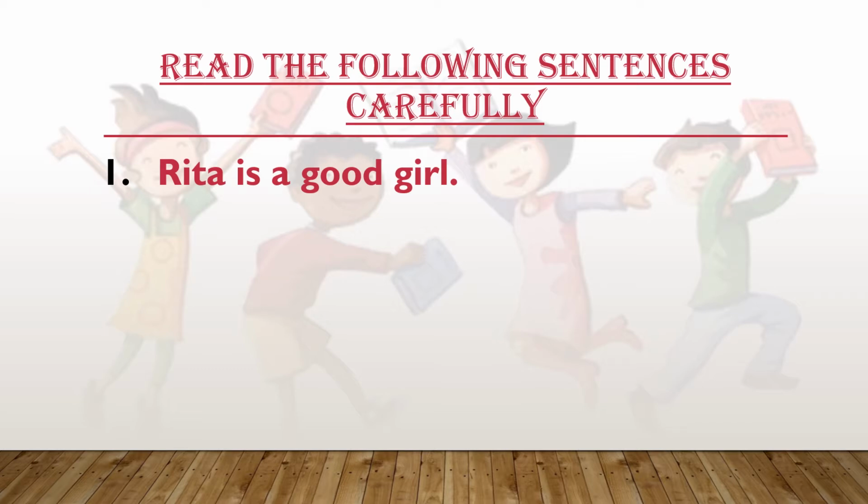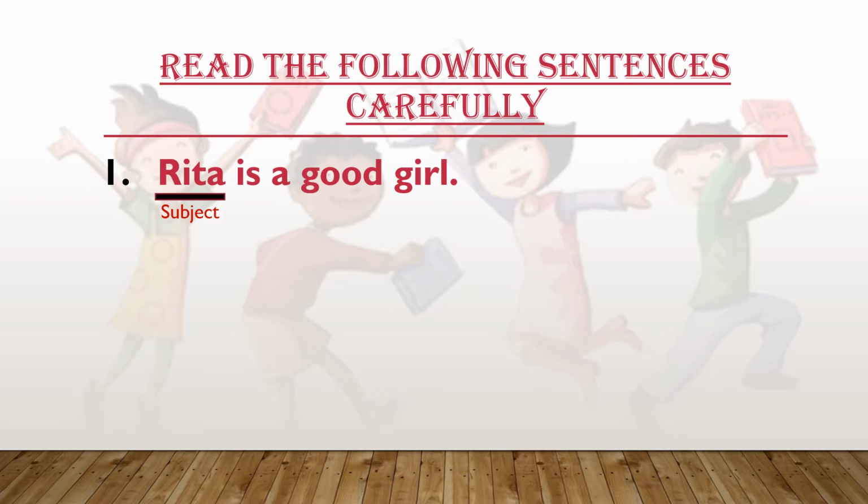In this sentence, that is Rita is a good girl, there is no action being done. Here we are talking about a girl named Rita. So who are we talking about? We are talking about Rita. That is why Rita is the subject of the sentence.